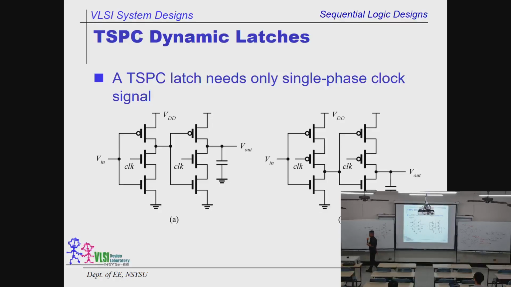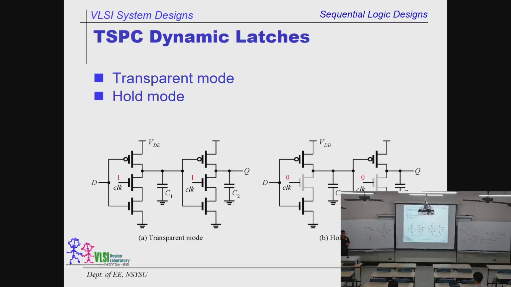And some of my students really carry out the circuits just like this one. See? This is one that we talk about. When clock is 1, it's transparent mode. D will come over here, be sampled, and driven again by Q. And when clock is 0, this one is off, this one is off.